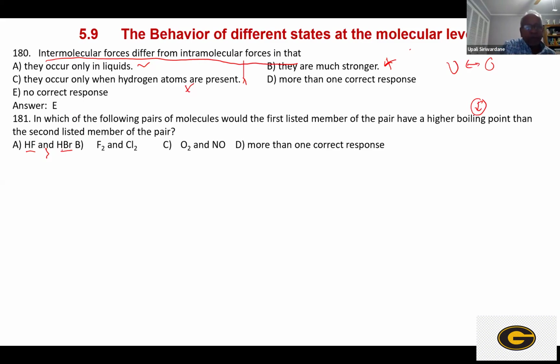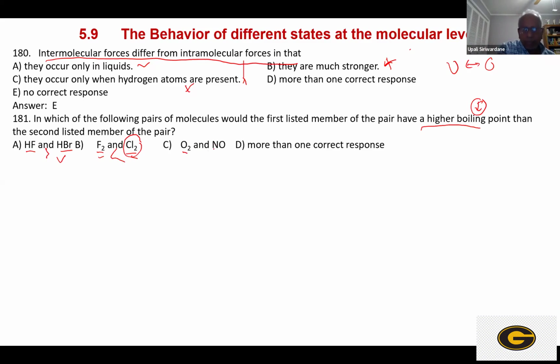Electronegative differences are greater for HF. This is correct. This is London dispersion. This has more electrons. Therefore, chlorine has a higher boiling point.